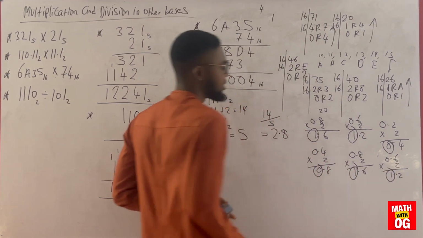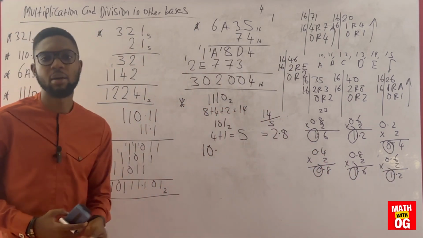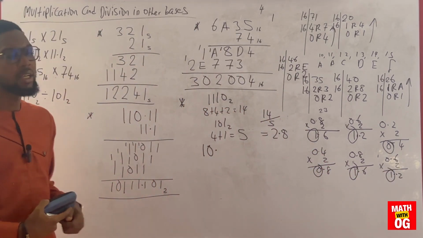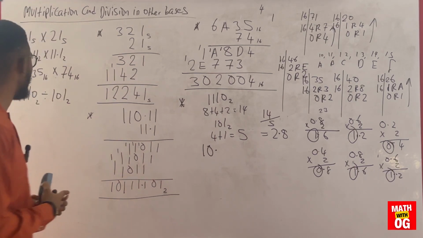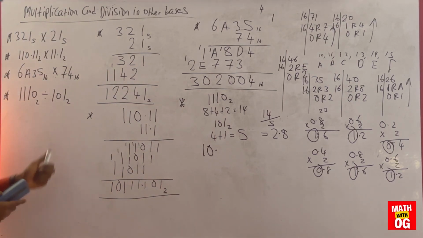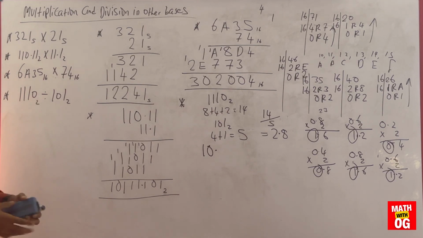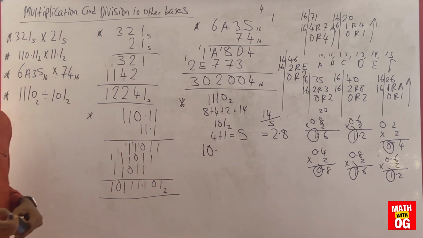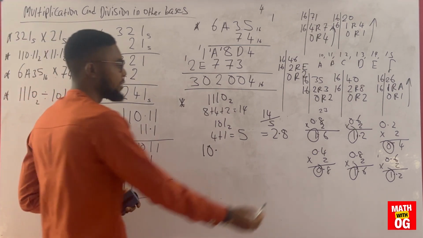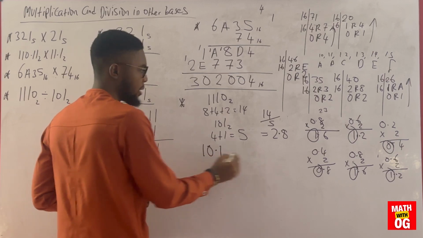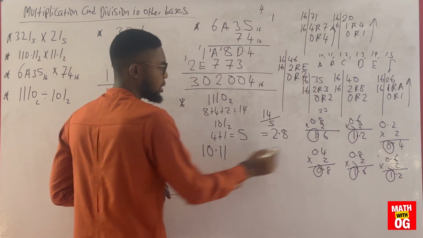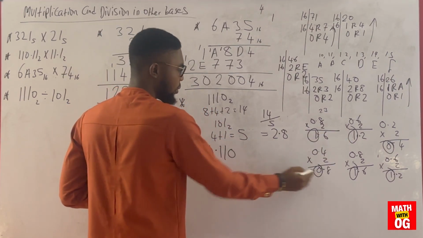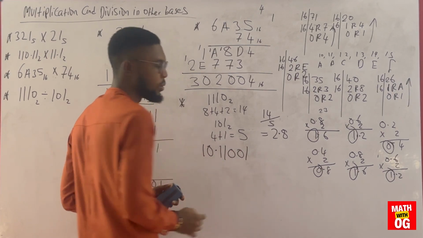Now you can see that this will not give us a terminating decimal. Rather, it will be recurring. So whenever you have a question like this, most times you'll be told to leave the answer in 3 decimal places, 4 decimal places, 5 decimal places, as the case may be. Now let's leave our answer in 5 decimal places. So at first we had 1, then 1, then 0, then 0, and lastly 1.